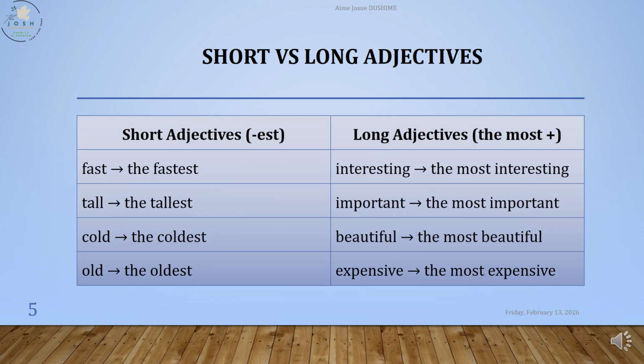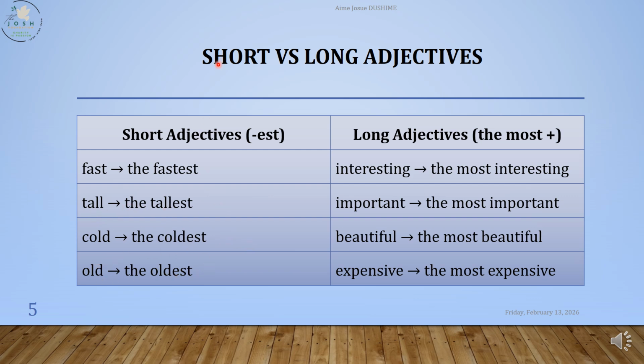When we have a short and long adjective, you're going to see more examples about them. Let's begin with short adjectives where we add just est. Fast, the fastest. Tall, the tallest. Cold, the coldest. Old, the oldest.